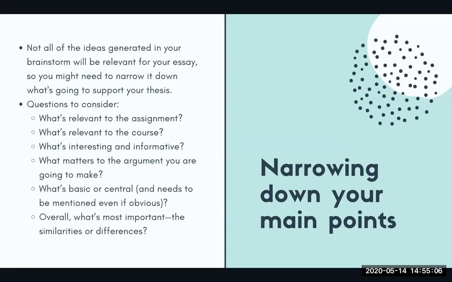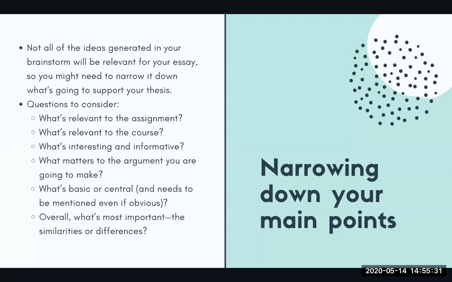So one thing to keep in mind with a compare and contrast essay is that you don't have to be equal. You don't have to provide the same amount of information on both sides. Some prompts might ask you to focus a little more on the differences and less on the similarities. Others might, and vice versa.